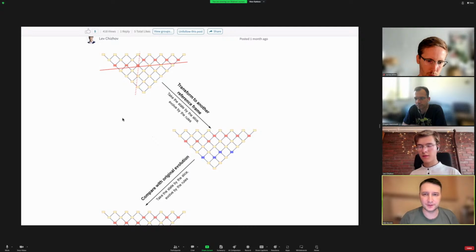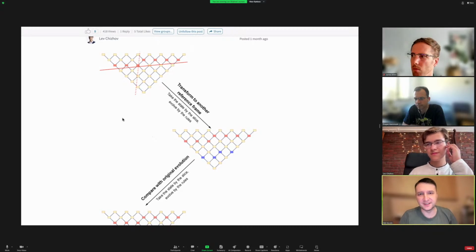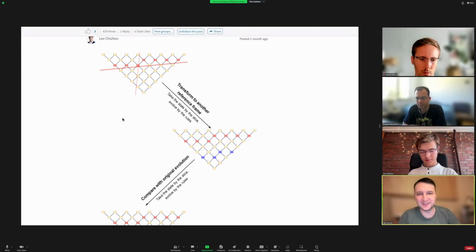So okay, next thing we do is you change the reference frame, right? And pick another slice, and you try to reconstruct the state out of that new slice.